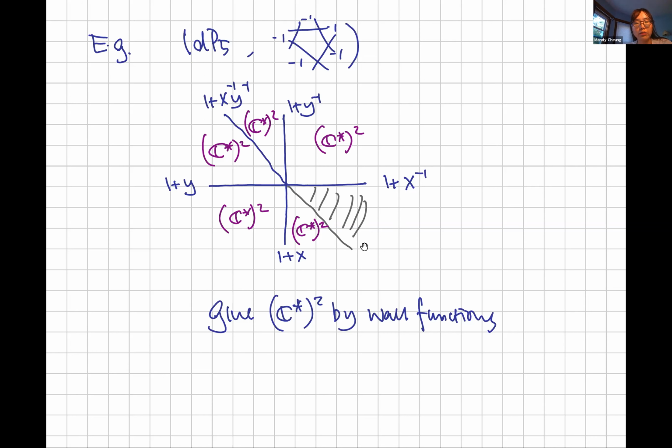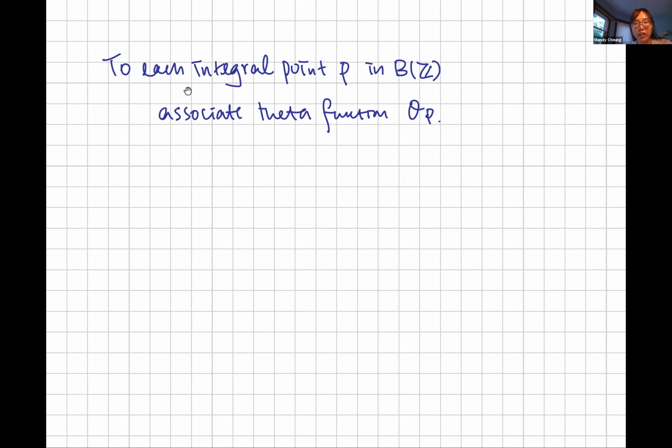And then the next thing to do is, to each integral point in this integral affine manifold, I associate a theta function. And again, like in Julia's talk, you can define it. But because we are in the finite case, you can just define the theta function as long as you move along each torus chart, the theta function is well defined, and you can see it's kind of a generalization of a toric monomial.